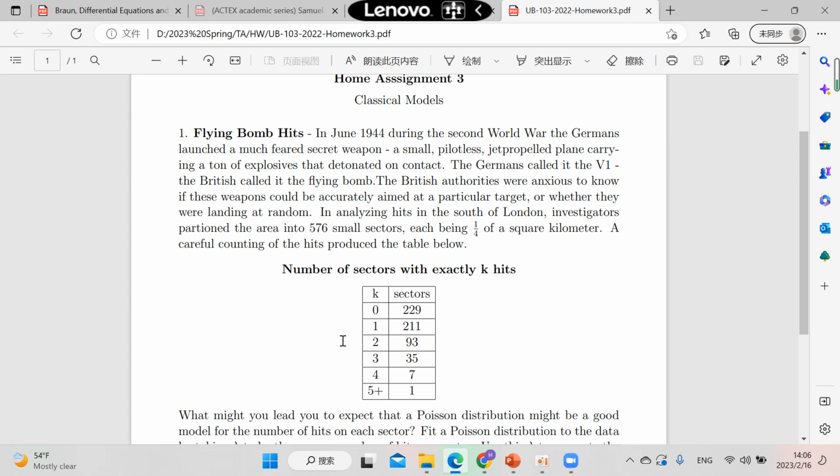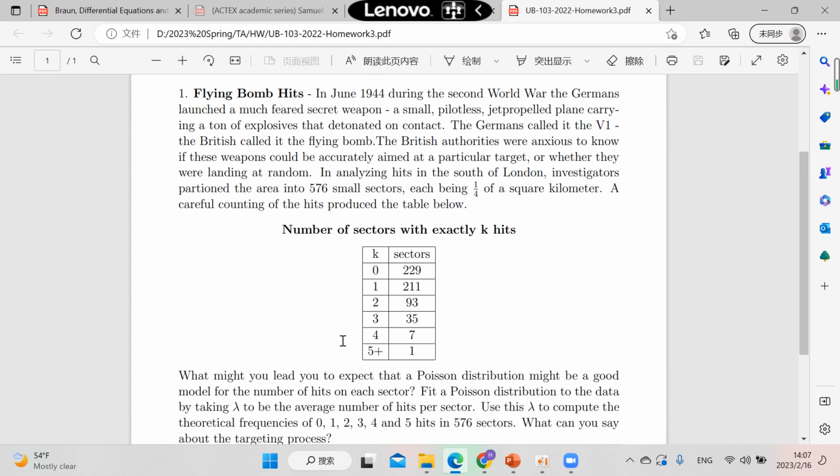And in this question, the flying bomb hits is exactly a Poisson distribution, because first you have a relatively large sample size. I think you have 576 sectors, and then you have a relatively small probability.